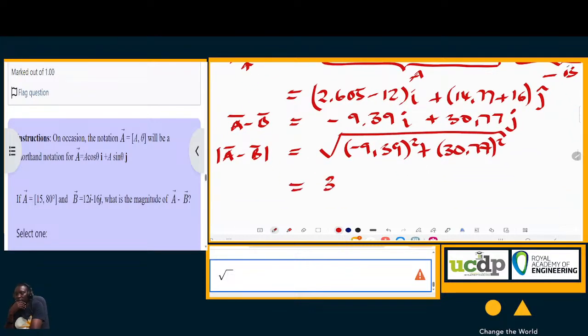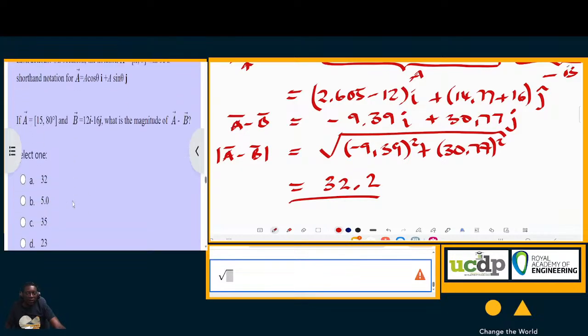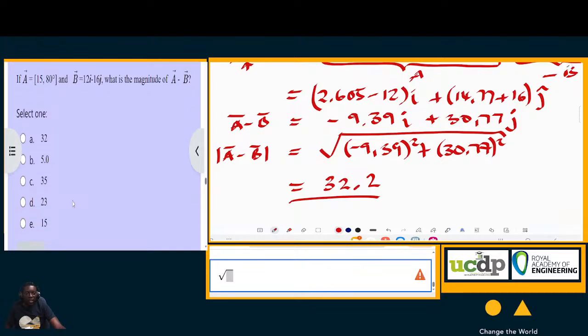That's 32.2. All right. And do we have units? No units were given, so it's just a number, right? Oh, yes. Just a number there. Do we have 32.2 there to two significant figures? That's 32.